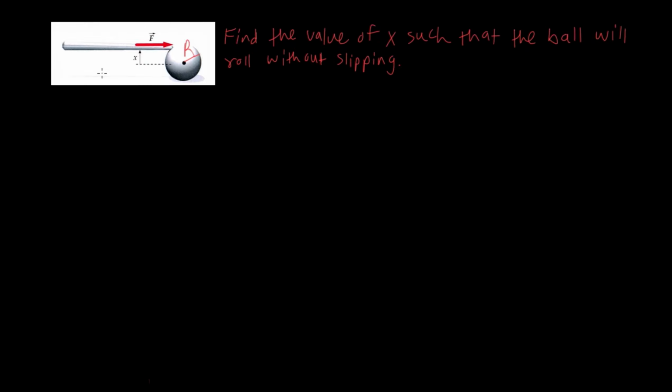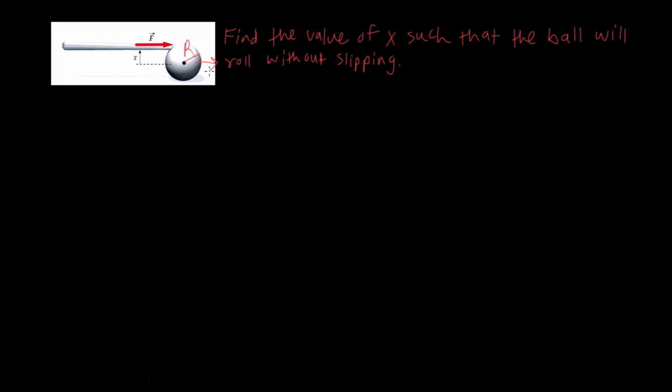So let's say that we strike the ball right through the center like this. Let's say the stick struck the ball right through the center, shown in the red arrow. If it's struck like this, then the ball will not rotate at all because it will just translate forward.